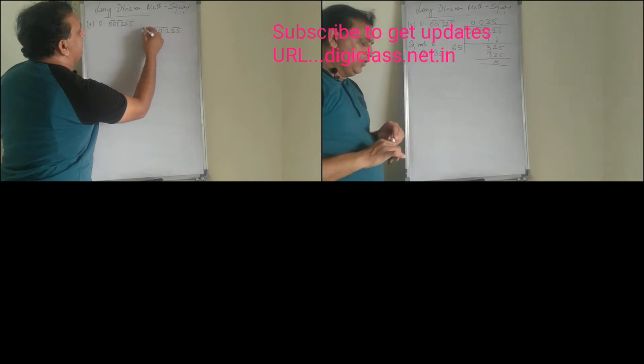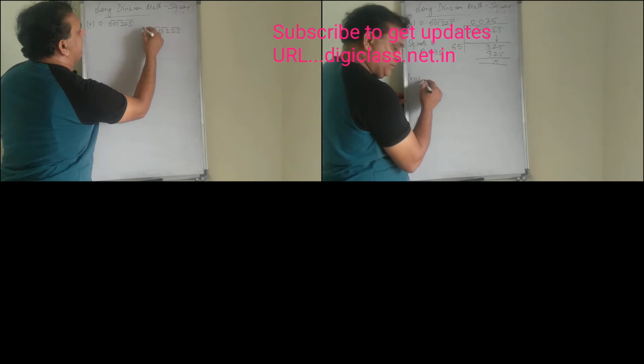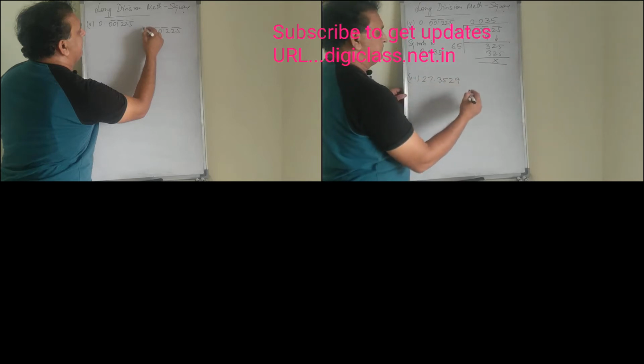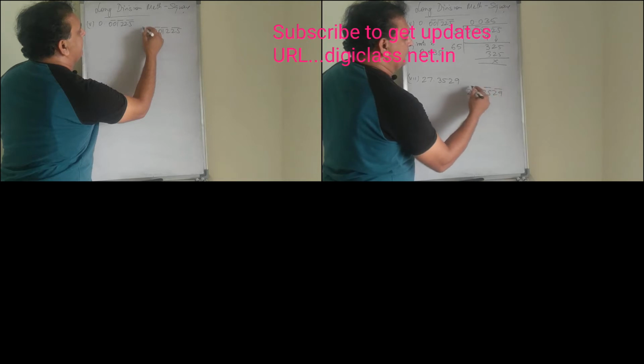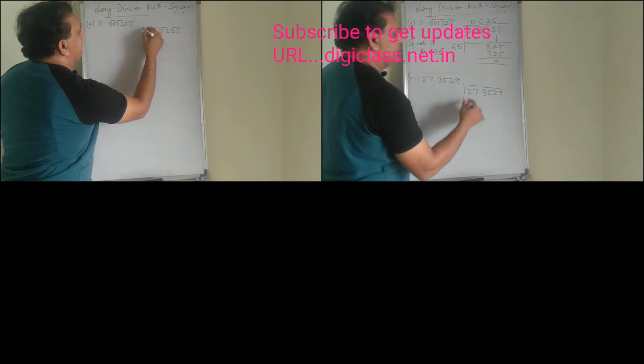Okay, let us take one more example using the same way with decimals only. That number is 27.3529. Okay, again we have to pair it. And there is one pair which is before the decimal.